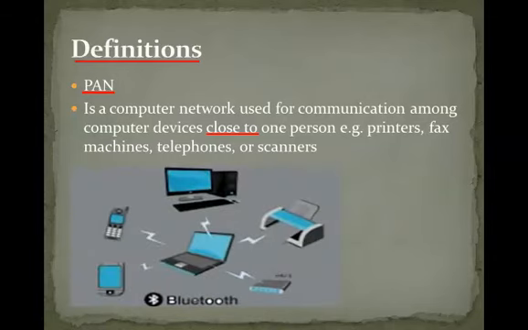telephone, or scanner. And the diagram here shows clearly these devices which are connected just in a close range, usually using Bluetooth as a medium, as we are going to look at it later.